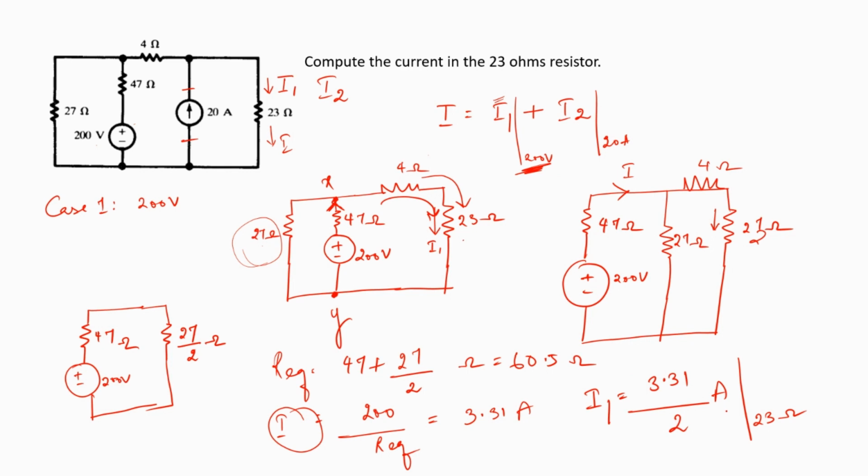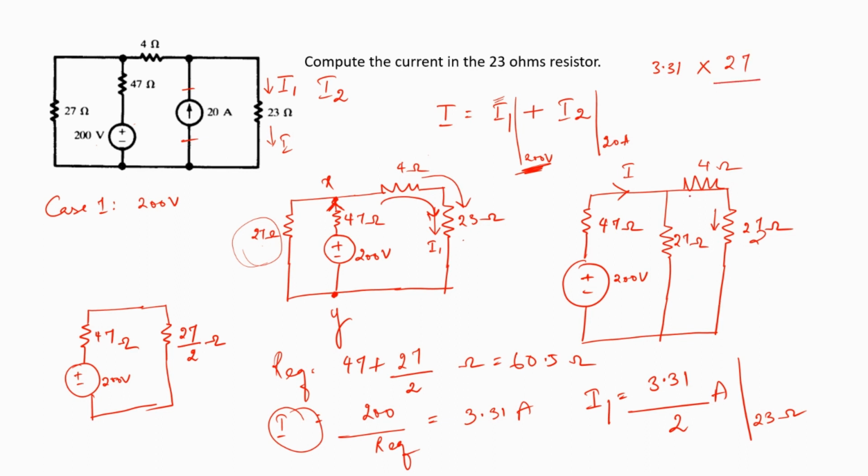So I can either find it out intuitively, or I can apply the current division rule. Here the total current is 3.31. The opposite resistance, since I need to find the current through the 23 ohms, in this parallel connection is the 27 ohms. So opposite resistance divided by the sum of resistances.